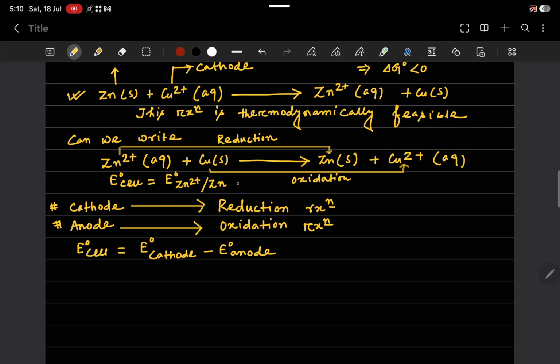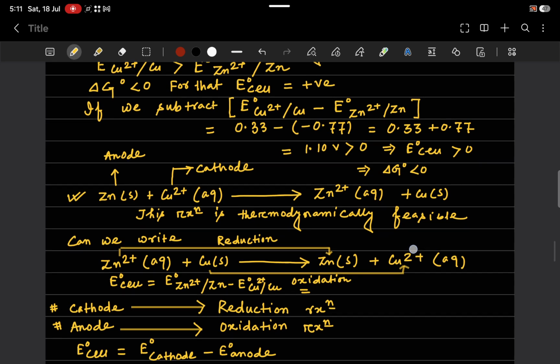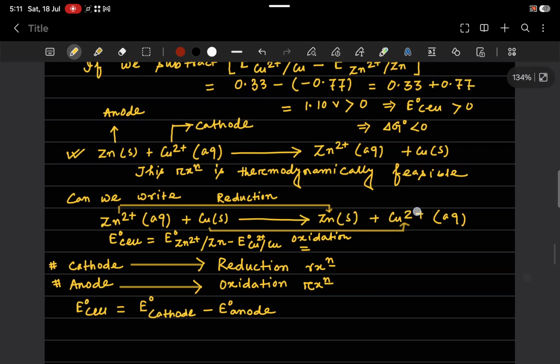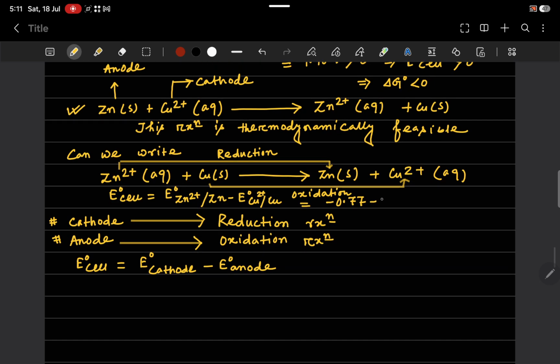That means we can write E0 copper 2 plus, copper. If we write this, we know the reduction potential of zinc 2 plus, zinc, minus 0.77, minus 0.33, that is minus 1.10, that is less than 0.